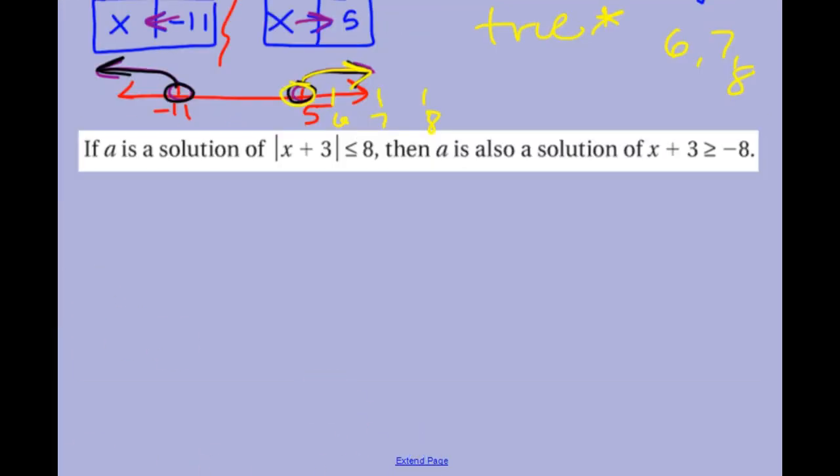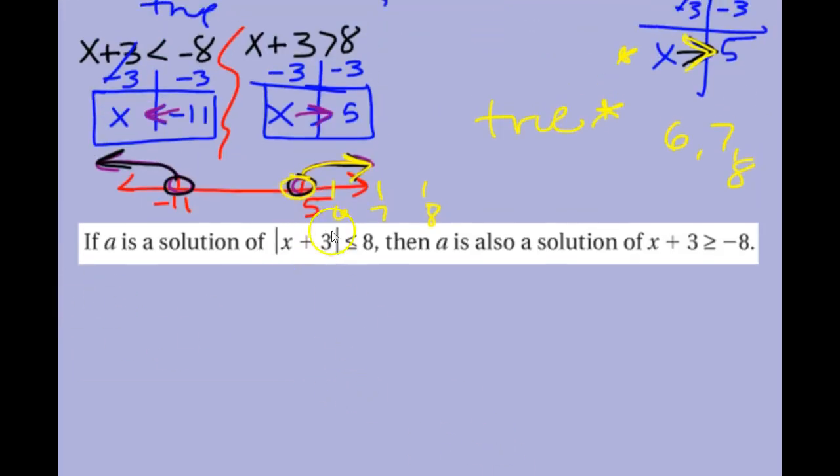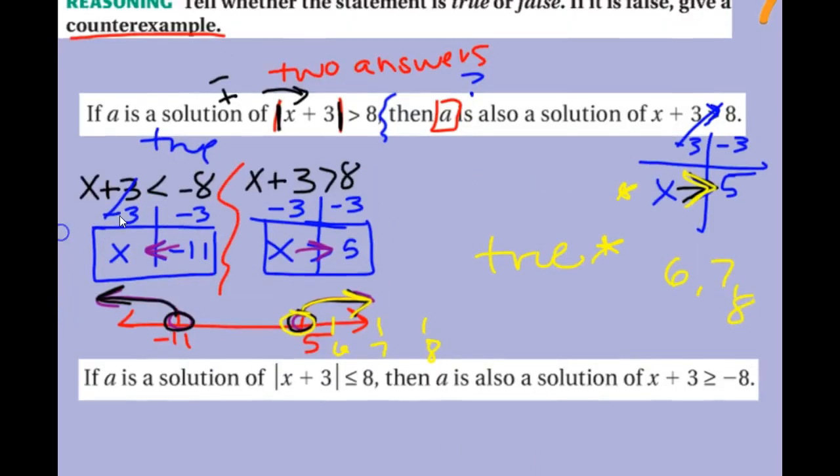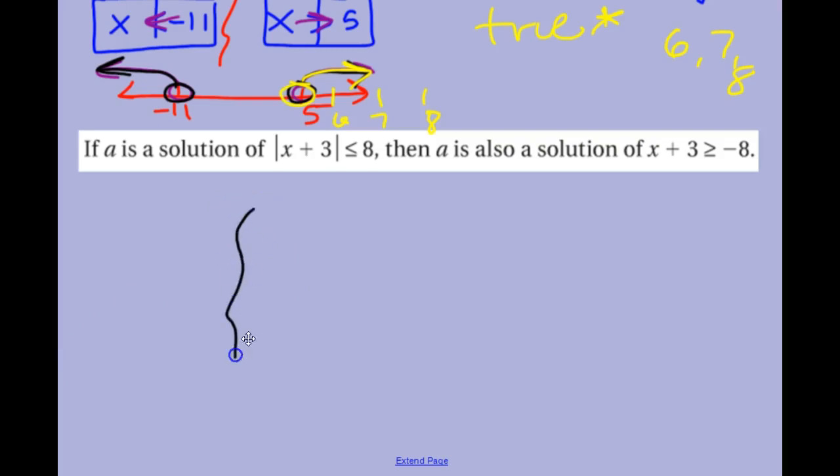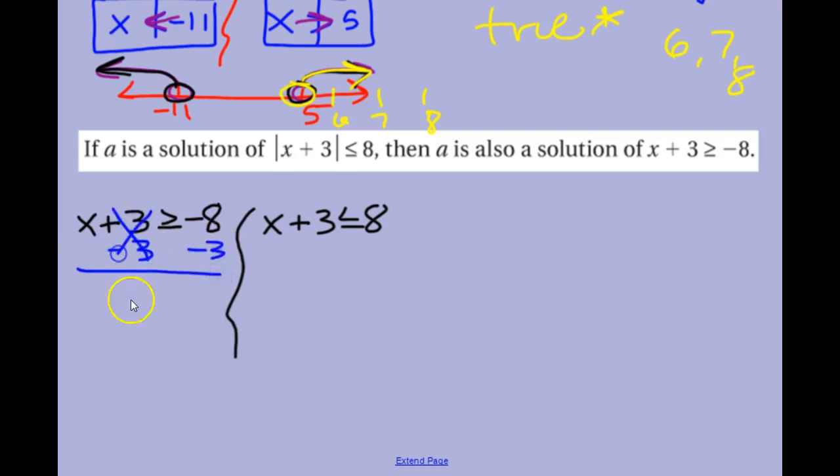So let's look at the next one. They're telling you if this is true, and guess what? It's almost the same, but we do have to solve it. X plus 3 is less than or equal to 8, and x plus 3, flip the sign, greater than or equal to negative 8. So we're going to solve this just like we did before, really quick, because we really get the same answers, just a different symbol.